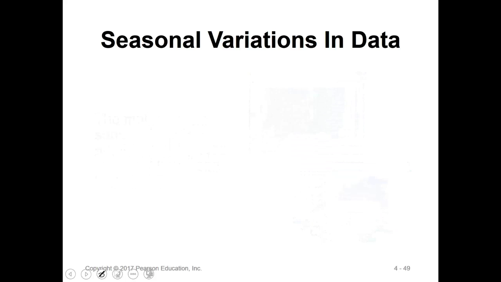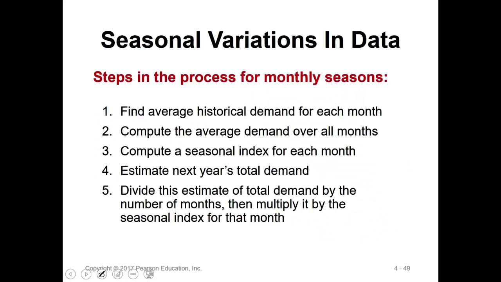So when we consider seasonal variations, typically we use the 4 or 5 steps over here. First, we want to find the average historical demand for each season. This is from the book, each month, okay? And maybe the season, and they call it by month. Could be the season is spring, summer, fall and winter.